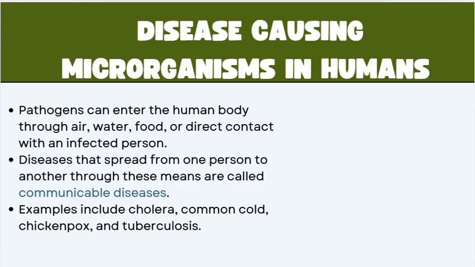Communicable disease is another important term you need to remember. These are diseases that are spread from one person to another person, known as communicable diseases. Examples are cholera, common cold, chickenpox, tuberculosis.